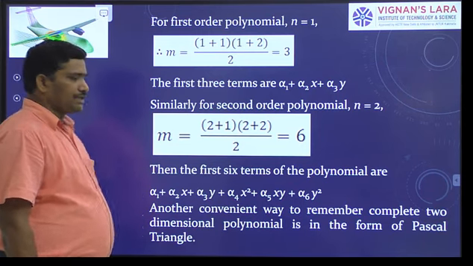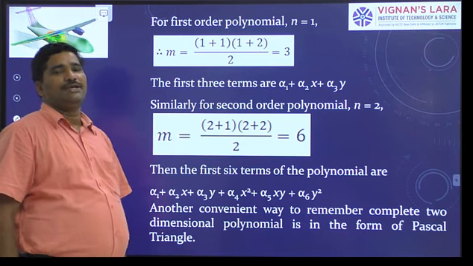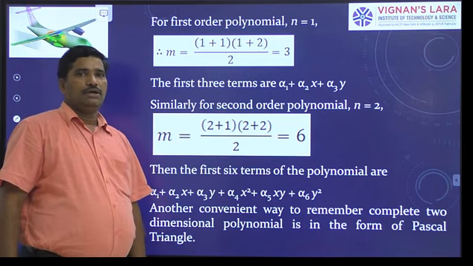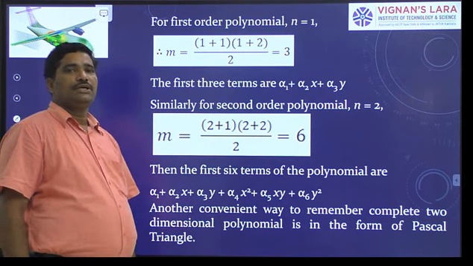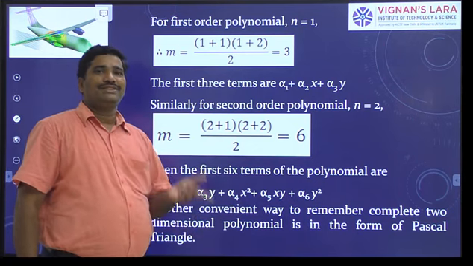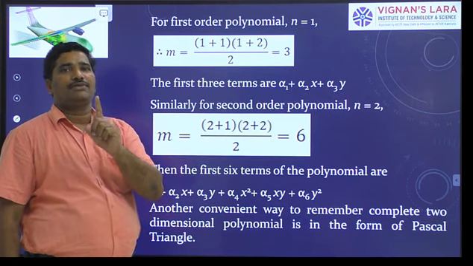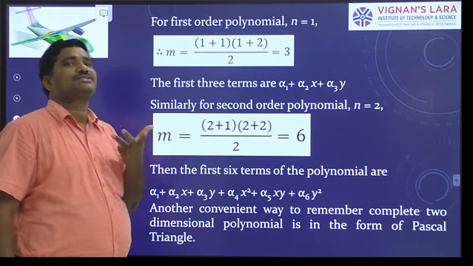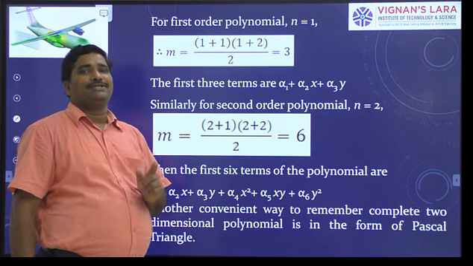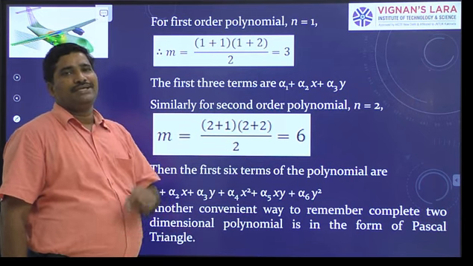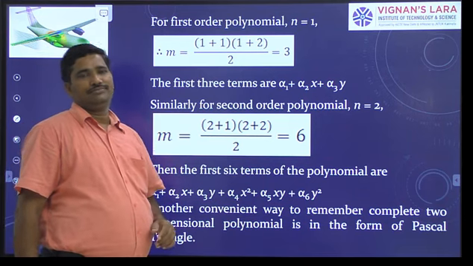Okay, now we can also write the polynomials in 3 dimensions. The polynomial in 3 dimensions with order 1, we say first order polynomial. The polynomial in 3 dimensions with order 2, we say second order polynomial.